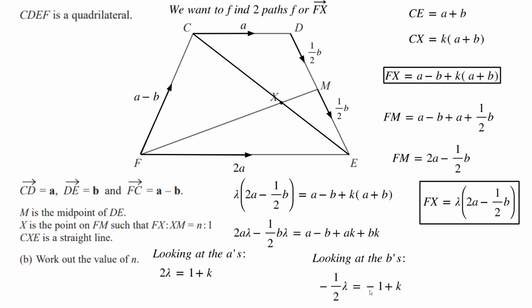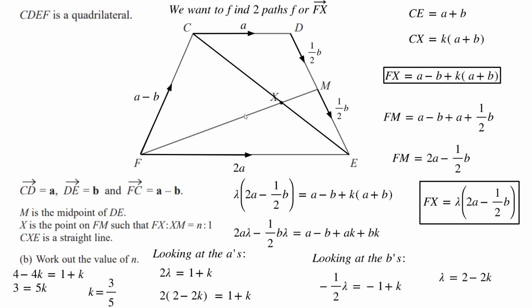Okay, now just rearrange this a little bit to make lambda the subject. And because the lambdas match up, this is a simultaneous equation, so you can plug this into that to get that. Just expand and then rearrange to get 3 equals 5k, so k equals 3 over 5. Okay, so which one was our k? k was CX.